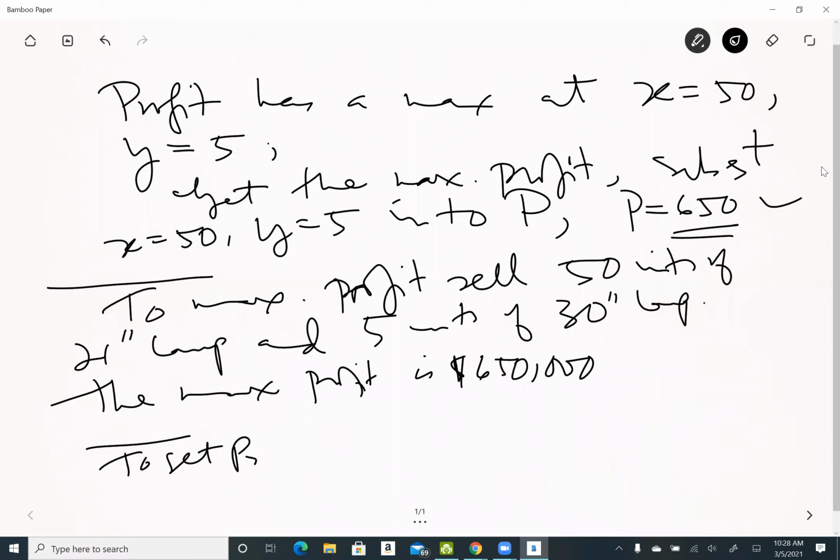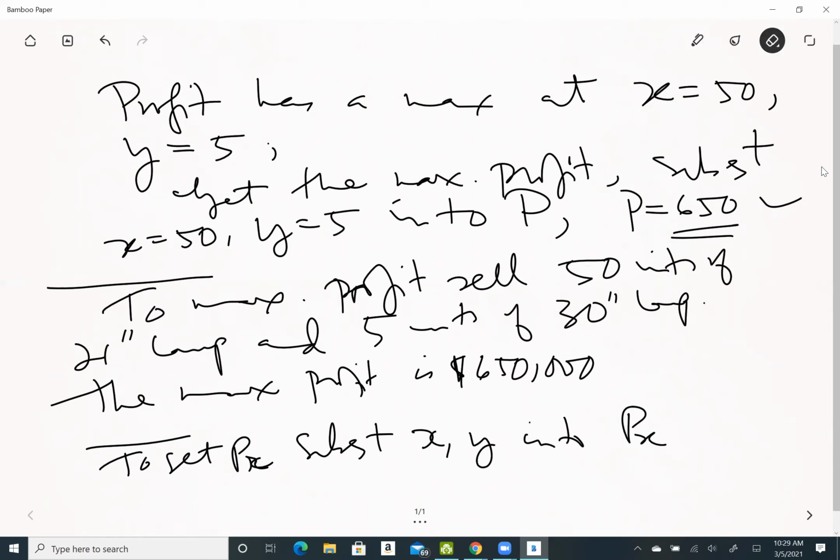To get the price of X, Px, we substitute x, y into Px. Here is the small x, not the capital X. The demand function, put into Px.